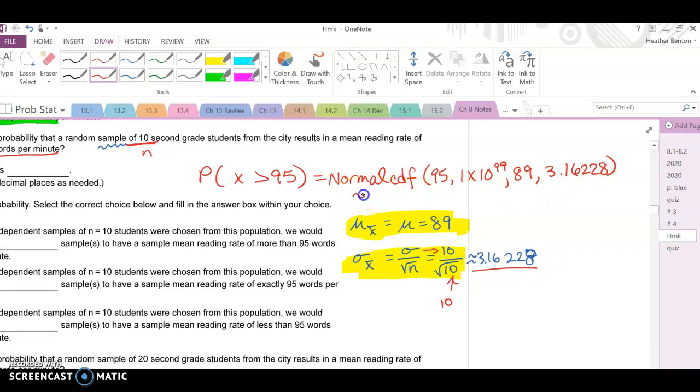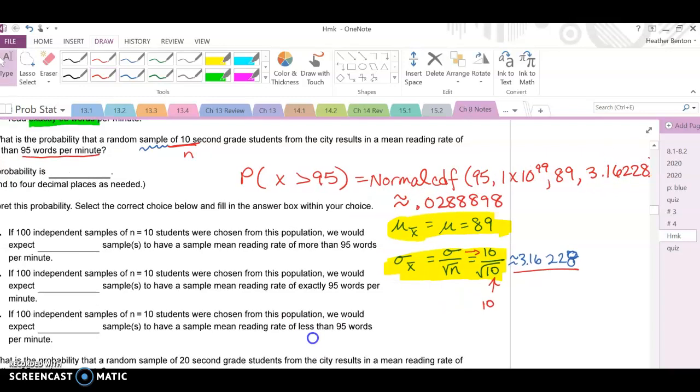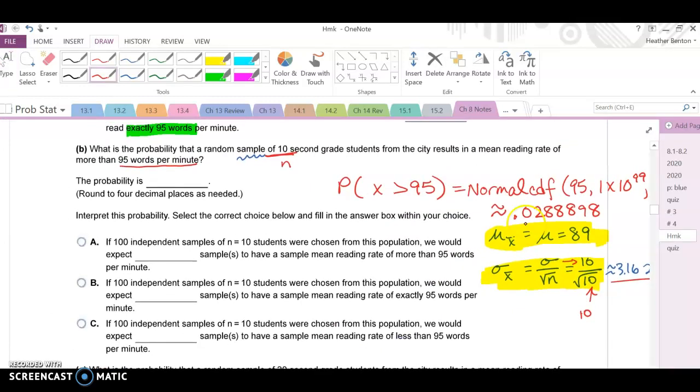So I put that in my calculator, and it comes out to 0.02888898. So to the nearest 4 decimal places, 1, 2, 3, 4, I'll round this 8 up to 9, so it'll be 0.0289.